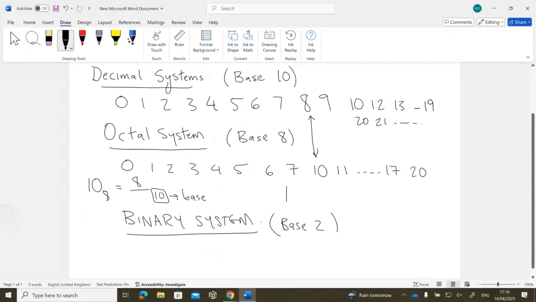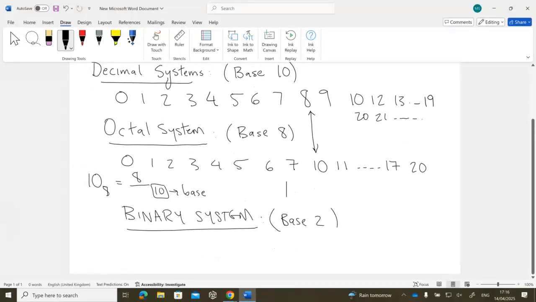So what are the two digits we have here? 0 and 1. And what are these digits called in computers? Bits, right? They're called bits. When we did logic gates, they were the on and off signals. But in mathematics, they are bits.